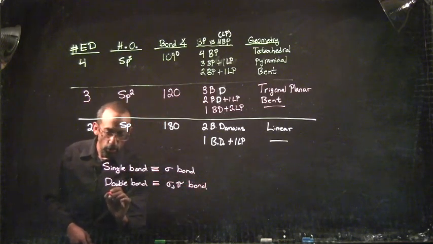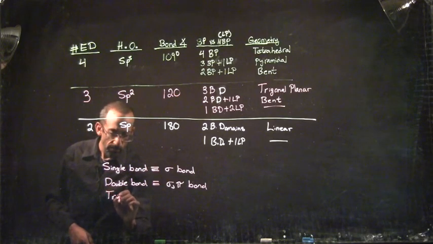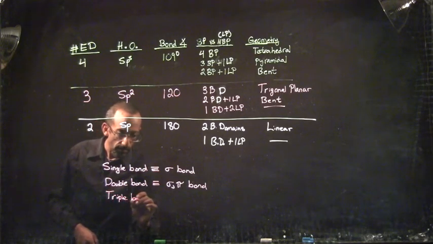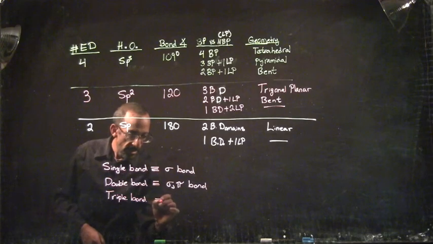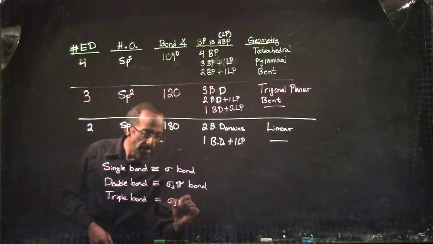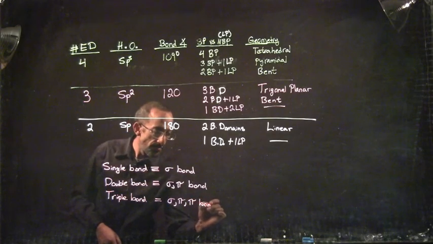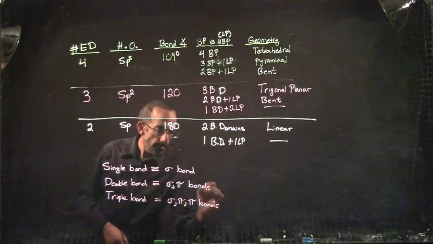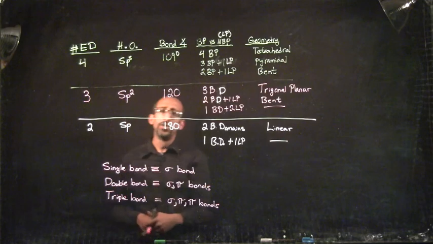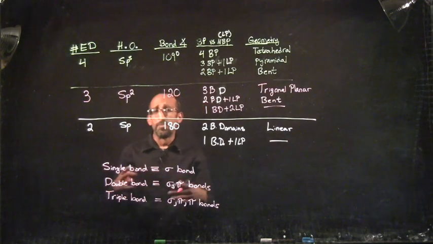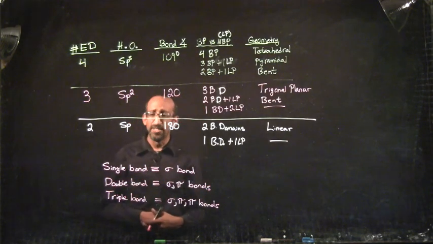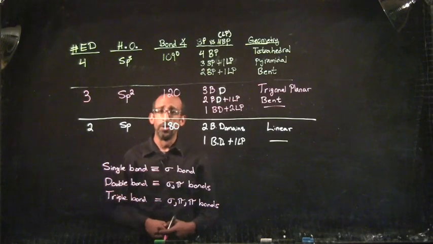And then finally, a triple bond is one sigma bond and two pi bonds. So if you're asked to label a bond by how many sigmas and how many pi's it has, this is what your go-to is.